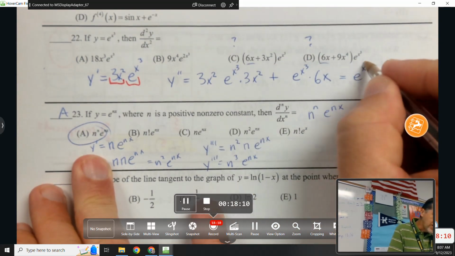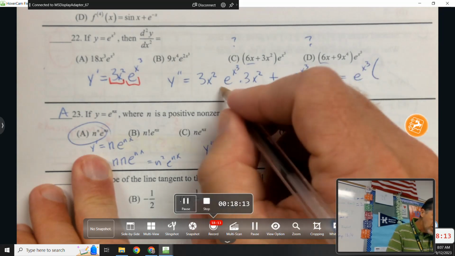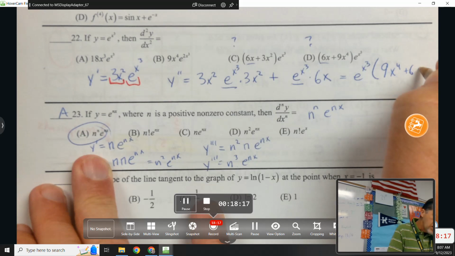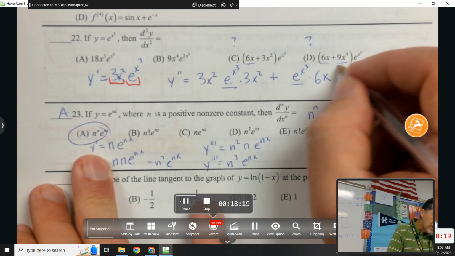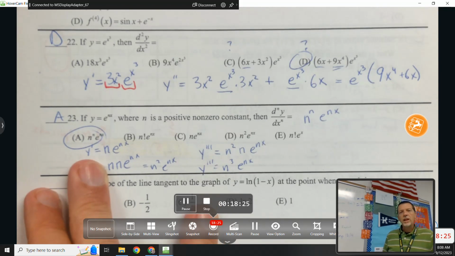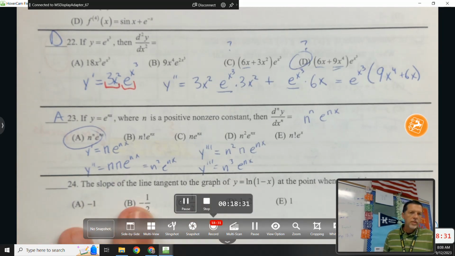If I factor out e to the x cubed, that gets me 9x to the fourth plus 6x. So answer choice D. So again, I knew it was C or D because the product rule was involved, and then the details got me to choice D.